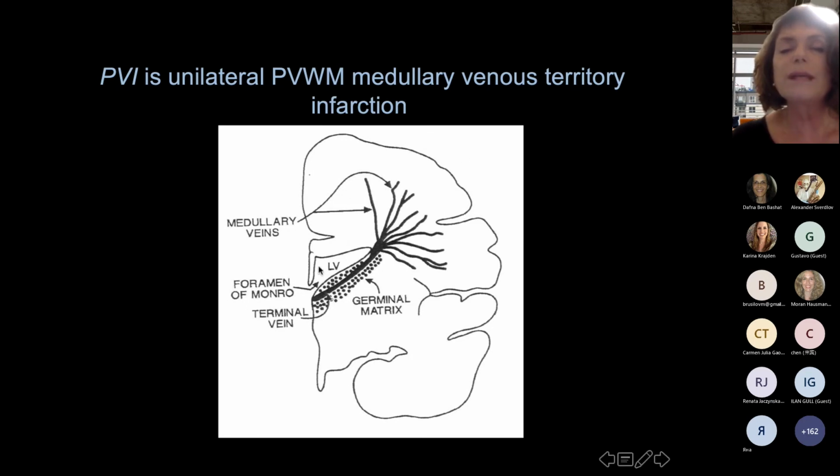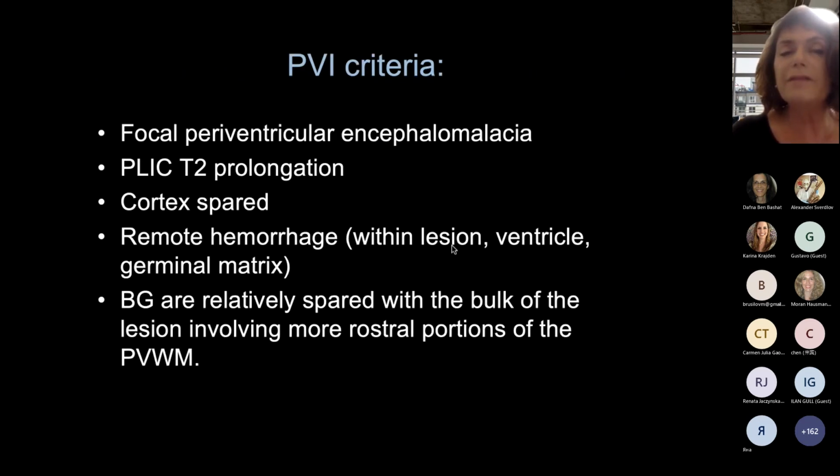So we see an IVH in the subependymal area of the terminal vein, and this causes congestion in the medullary vein and an infarct. This concept, which is not very uncommon in the postnatal world in the preterm infant, is actually probably happening in a very similar way in the fetus.